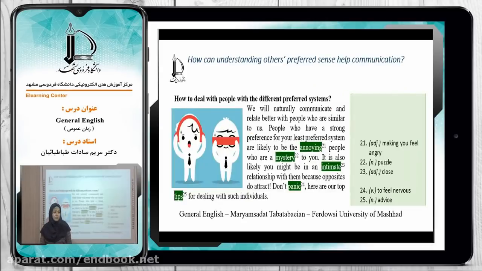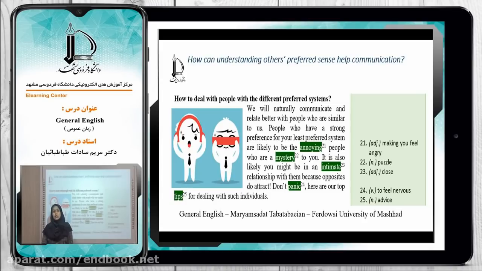Next question. How can understanding others' preferred sense help communication? What is preferred? If you prefer something, you like it more. Your preferred sense is the one you use more.